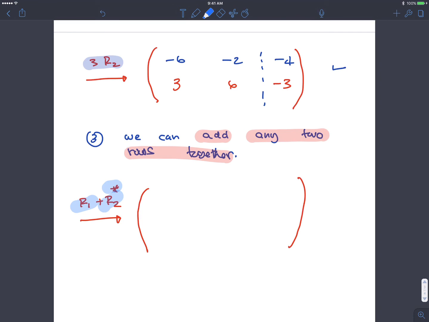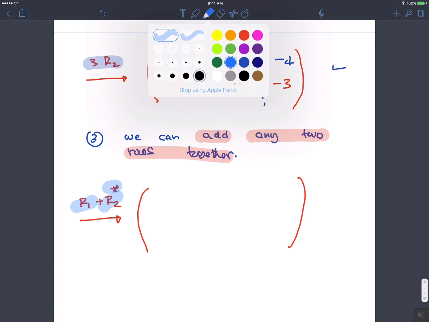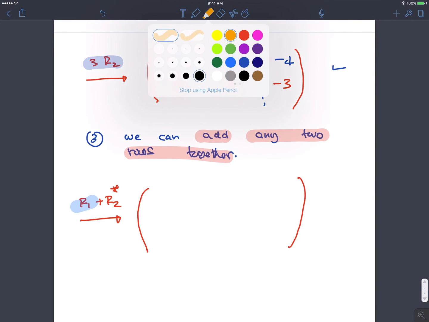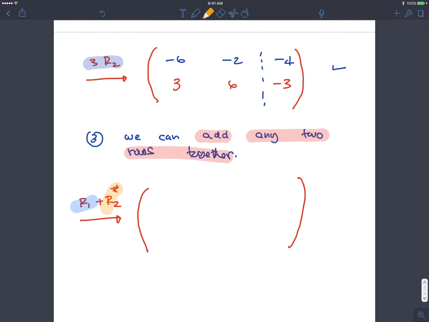That's what I really think is important for people to realize, that what you're really going to change now is row 2. Let me go back here and emphasize that row 2 is going to change. Okay, let's see how that works.